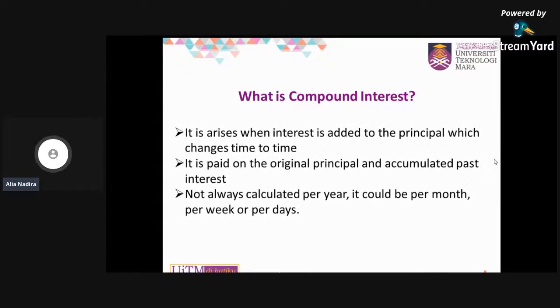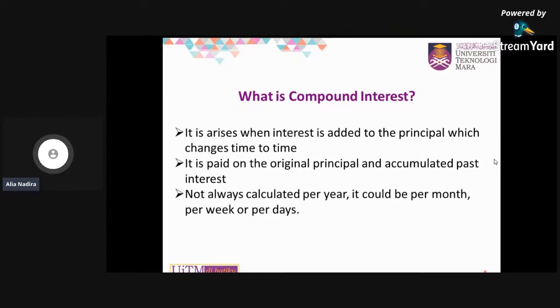So what is compound interest? Compound interest basically arises when interest is added to the principal, with changes from time to time. It is paid on the original principal and accumulated past interest, and not always calculated per year. It could be per month, per week or per day.